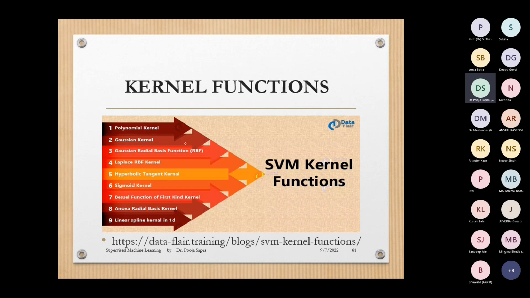Now to find out hyperplane, we have different functions, and these functions are called as kernel functions. You may have polynomial kernel, Gaussian kernel, Gaussian radial basis function, Laplace RBF kernel, and so on.